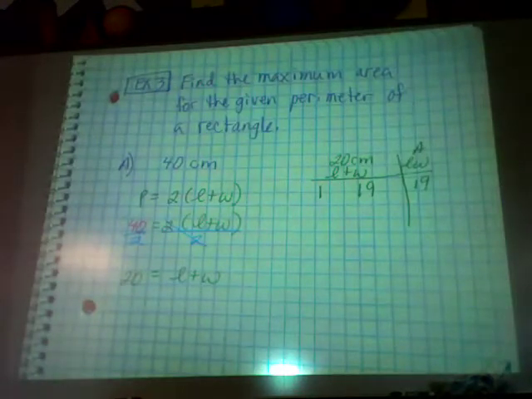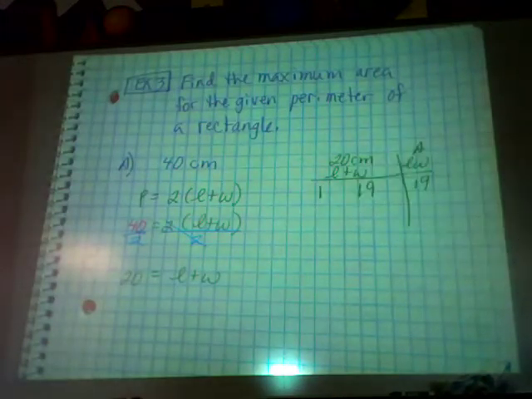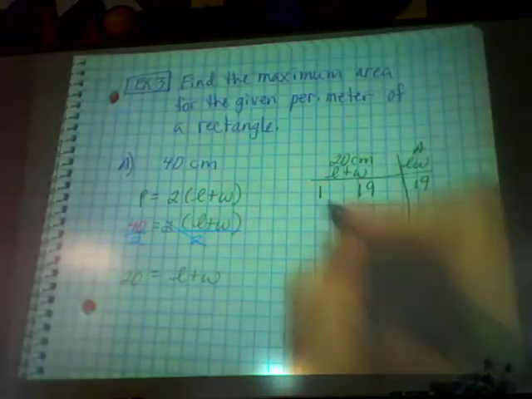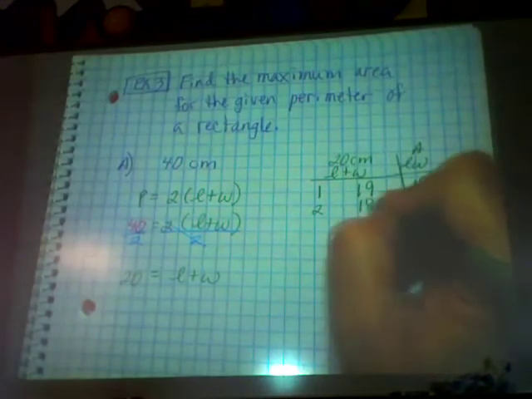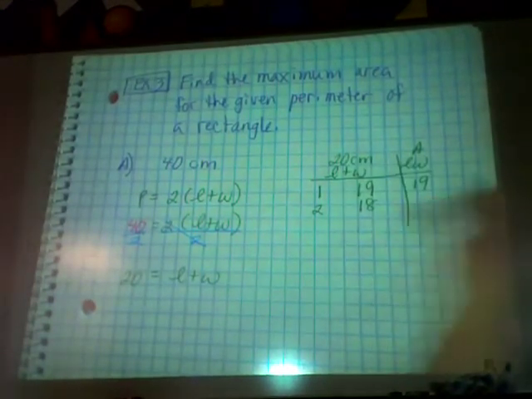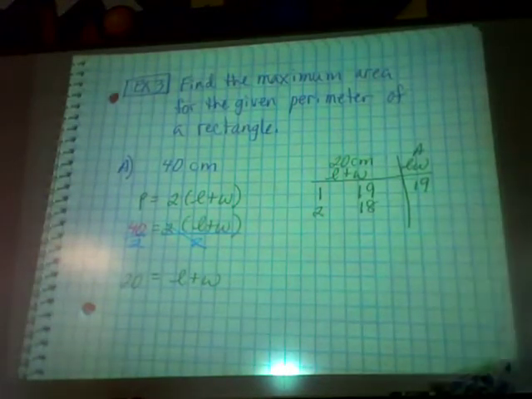So I could have a rectangle that has a perimeter of 40, that's 1 by 19, and it gives me an area of 19. Let's come up with another sum. I could have 2 and what? 18. 2 plus 18 gives me 20. This is my length and my width. What's 2 times 18?